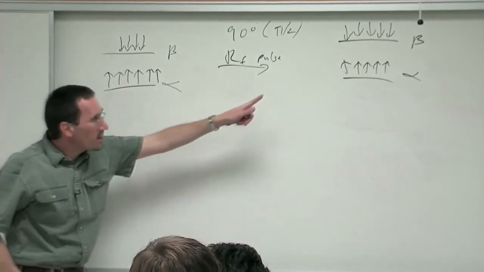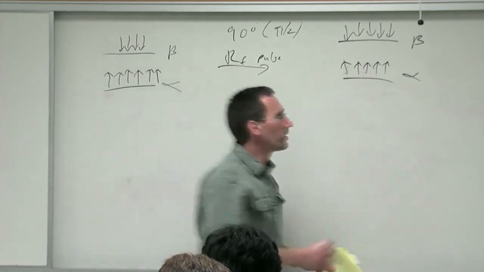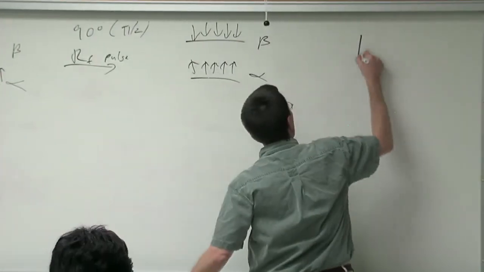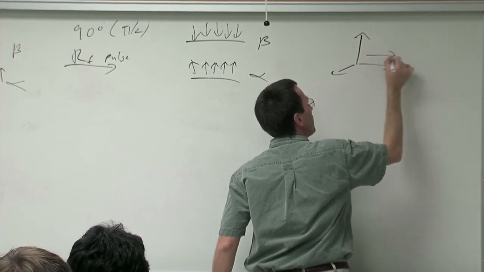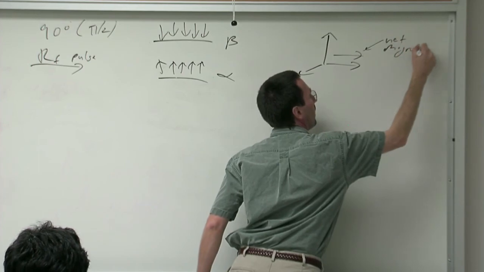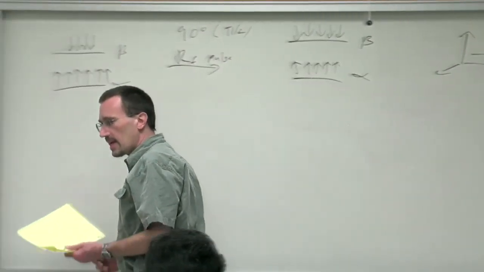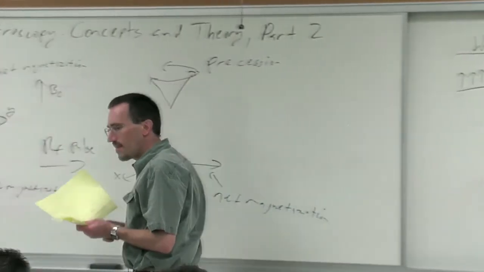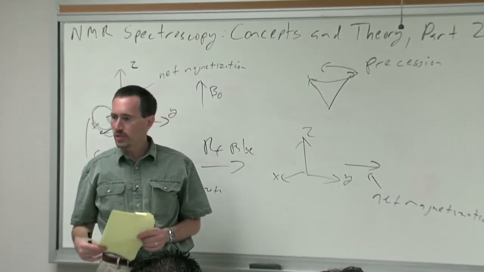And this situation is exactly the situation that we have at the end of my little drawing over on the left-hand blackboard. In other words, here's our net magnetization. And so the key is now we have no net magnetization spin up, no net magnetization spin down.